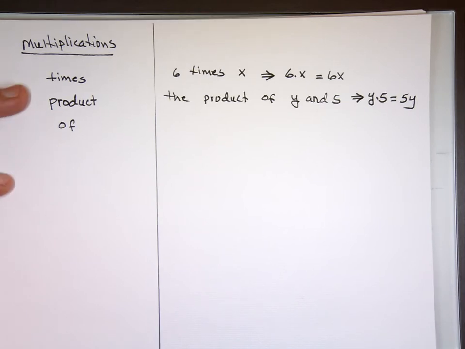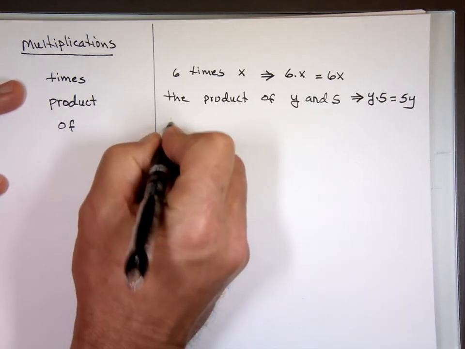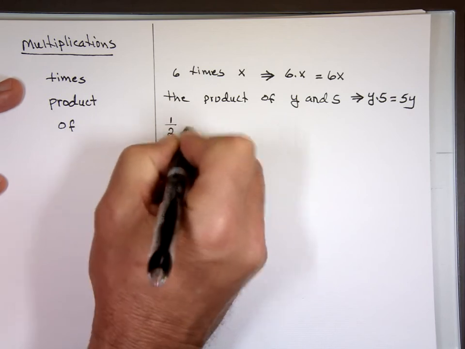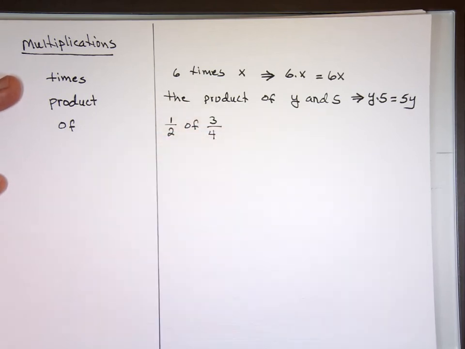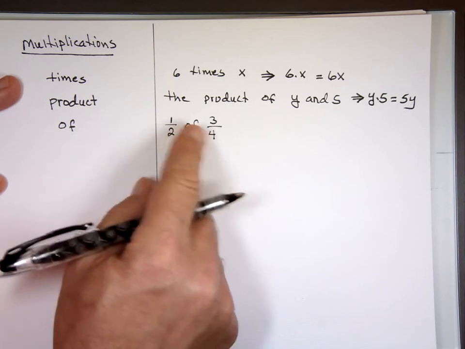If you remember, last time when we did a review for the test, a recipe called for 3/4 cups. I said, if you're doing half of that, what is 1/2 of 3/4?